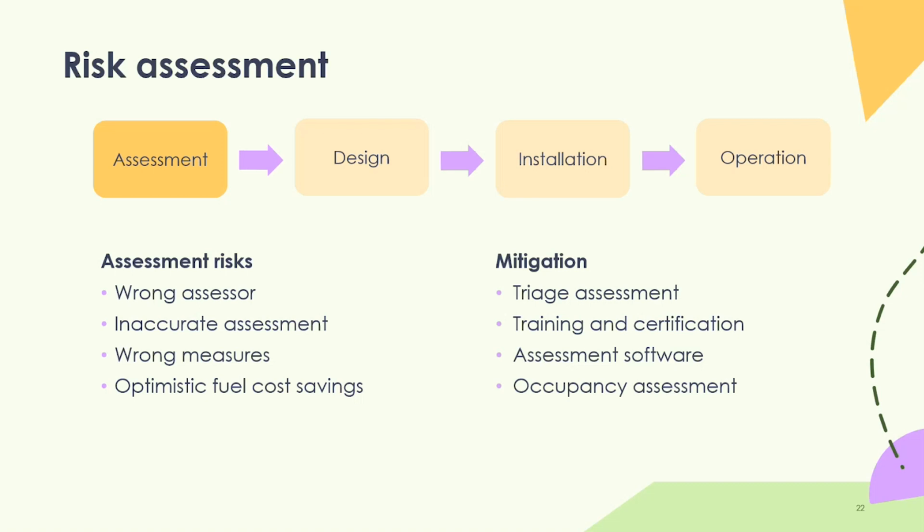So with those assessment risks, the mitigations will be triaging those assessments and thinking about the training and certifications needed for those specific assessors. Make sure you're triaging your different assessments, so you're not just relying on desktop data, but actually collecting some retrofit assessments early on before you start delivering.